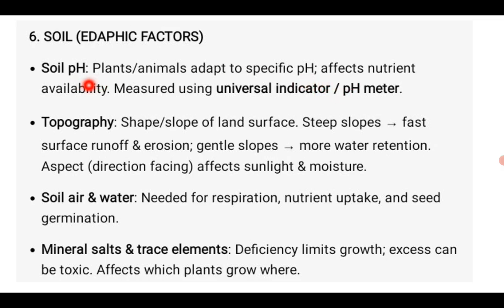Remember, pH is a measure of the acidity and alkalinity of soil. So plants and animals adapt to specific pH. It also affects nutrient availability, as you learned before. So pH can be measured using universal indicator or a pH meter.